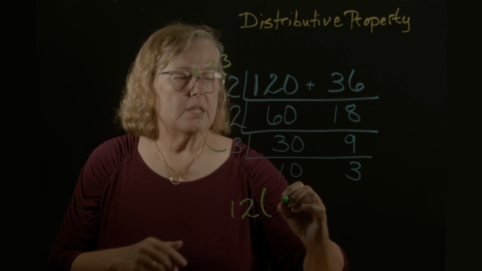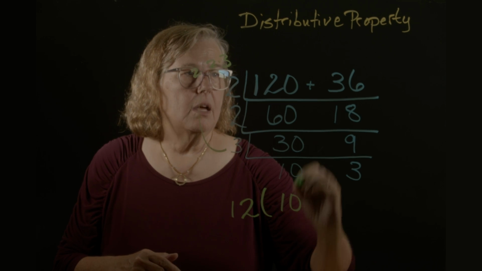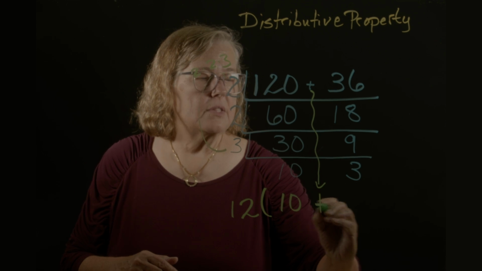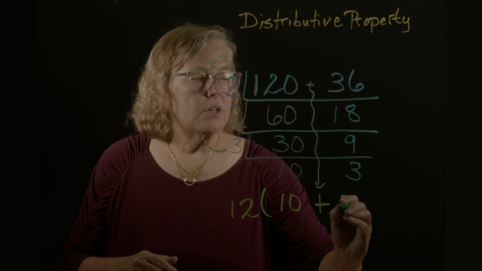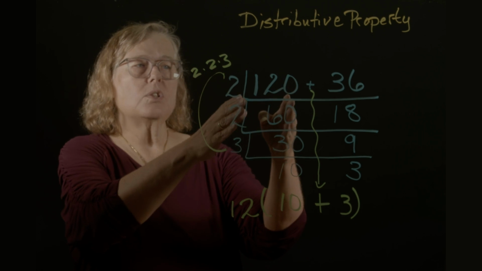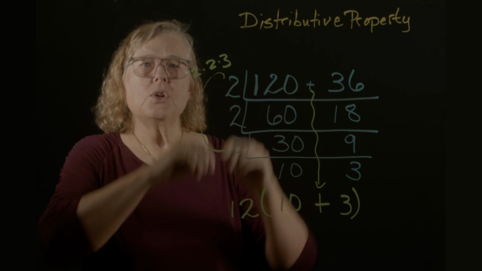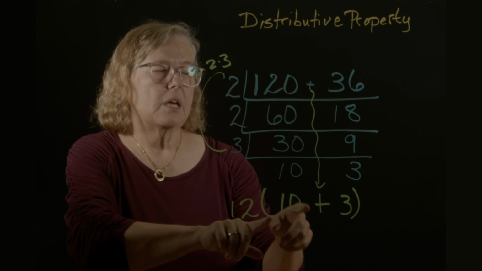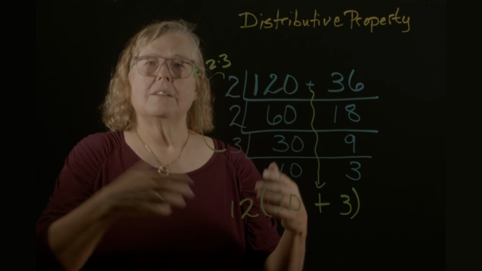We just bring them straight down. We're going to bring down the 10. This plus sign all the way up there, we're going to bring it down, plus, and then we bring down this factor of 3. And now we have rewritten 120 plus 36 using the distributive property. We have written it as 12 times 10 plus 3.